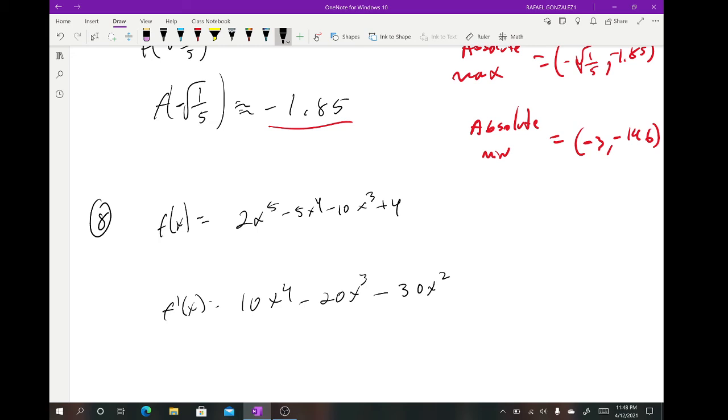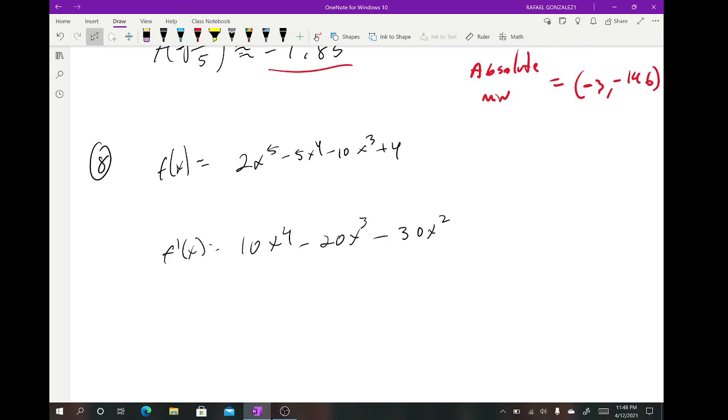Now, next thing you should do is solve for when this is equal to 0. Notice that you could factor from each of them 10x squared. So you'll be left with x squared minus 2x minus 3 is equal to 0.